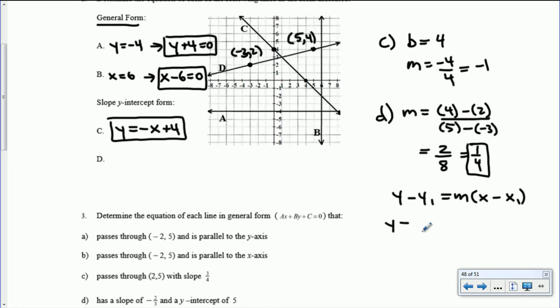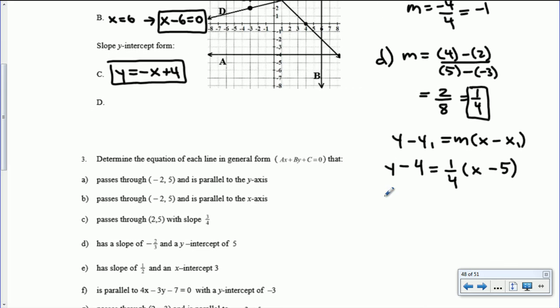So let's use this point: y minus 4 equals 1/4 times x minus 5, and let's simplify that a little bit. So y minus 4 equals 1/4 x minus 5 over 4, and I need to add 4 to both sides, so we get y equals 1/4 x, and I'm kind of running out of space here.